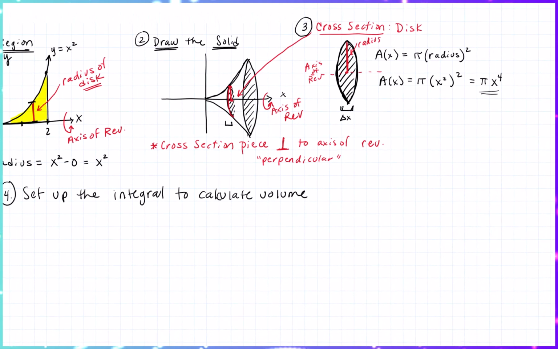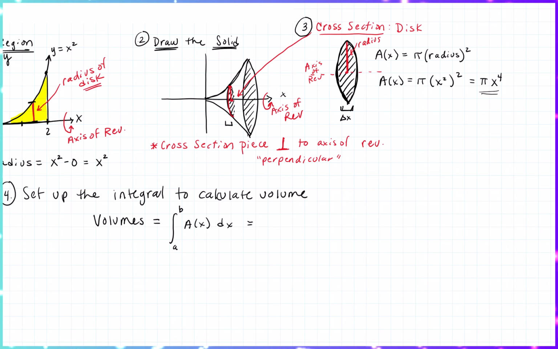So remember, when we calculate volumes of solids, the general slicing method says that if you can calculate the area of a cross-sectional slice, which we just did, it's a disk, then it's going to be the integral of A of x dx across the bounds from a to b, where the solid lies.